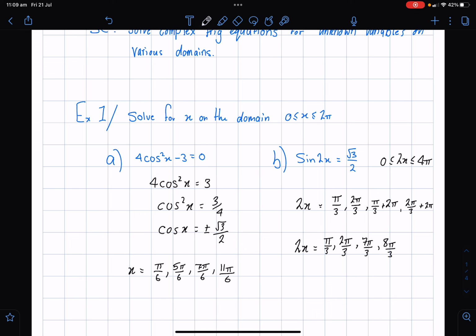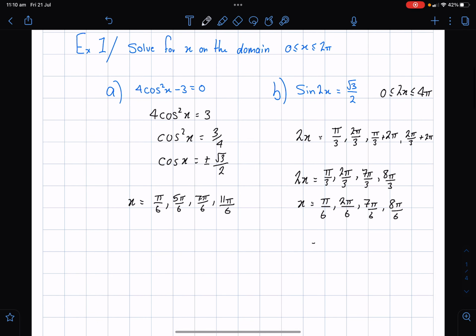But we've got 2x on the left-hand side. We want x, so we divide by 2 on both sides, and that's just timesing the denominator by 2. And as you can see, there's a few that will simplify a little bit. So we've got pi on 6, pi on 3, 7 pi on 6, and 4 pi on 3. So they are my angles that make that true.